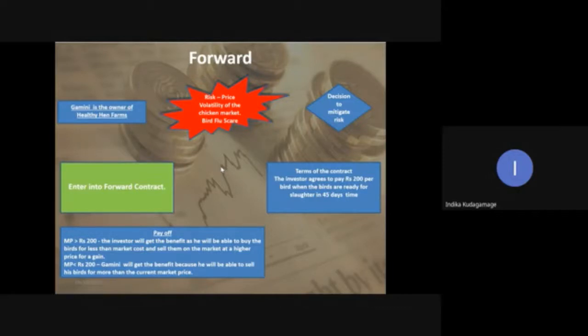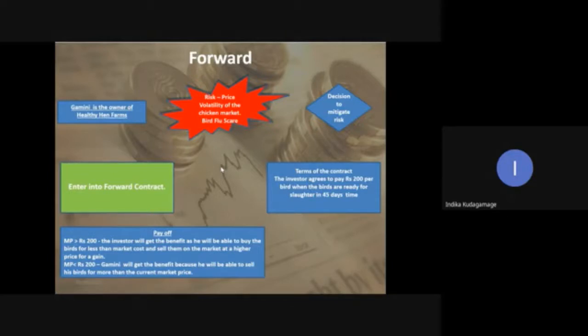The investor will be in a profit. He buys at low cost and sells at a higher price. If the prices drop, Gamini will be in a better position. 150 is the market price, but now we have agreed, so you have to buy at 200. So Gamini will get more than the market price.